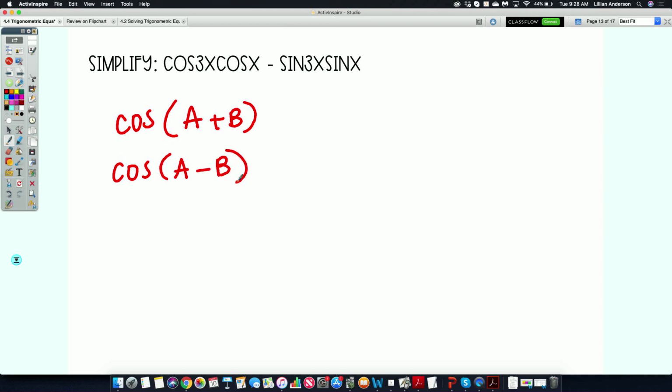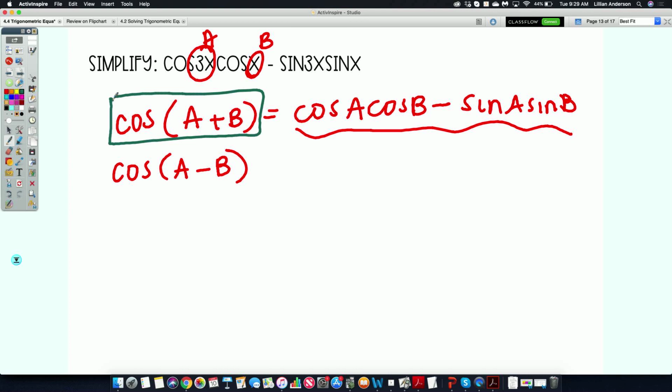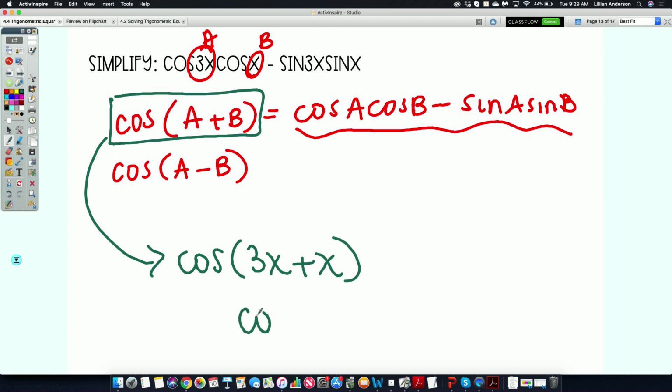How do you know it's A plus B? Because the signs are the opposite. So what's A in this problem? 3x. What's B? So then when it asks you to simplify, you basically have this entire expansion. They want it in the nice, neat package. So this becomes the cosine of 3x plus x, which is what? So cosine 4x. And that's your answer.